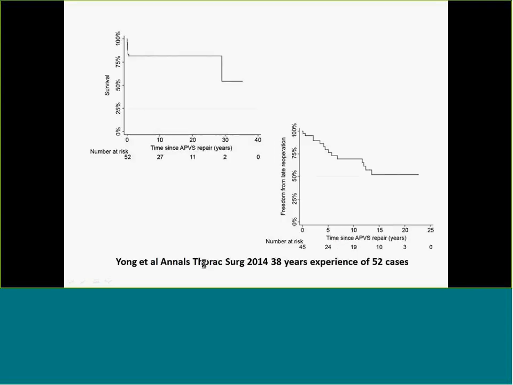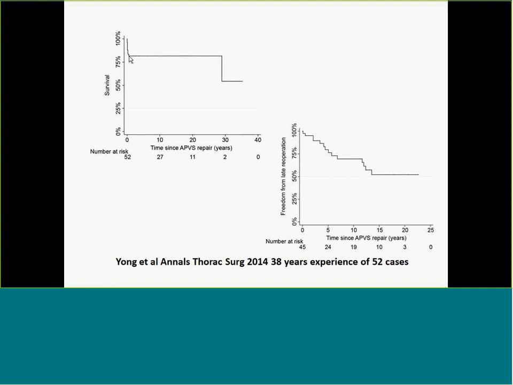Now, the survival for about 30 years is good. One thing you must remember is that these were all operated in the 70s and 80s. All these patients were operated on between 1 year and 5 to 15 years of age.